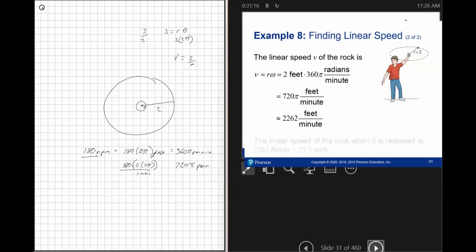Now, so the linear speed, okay. And they converted that 2,262 feet per minute to the number of miles per hour. How did they do that? Well, how they did it is 1 minute equals 1/60th of an hour.